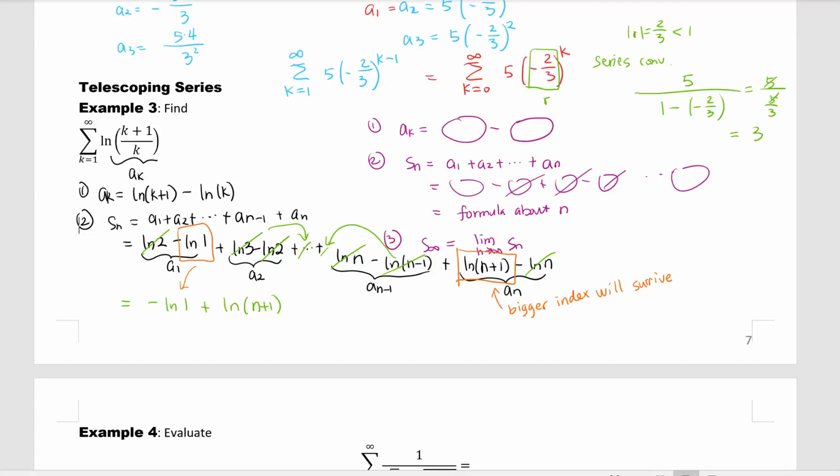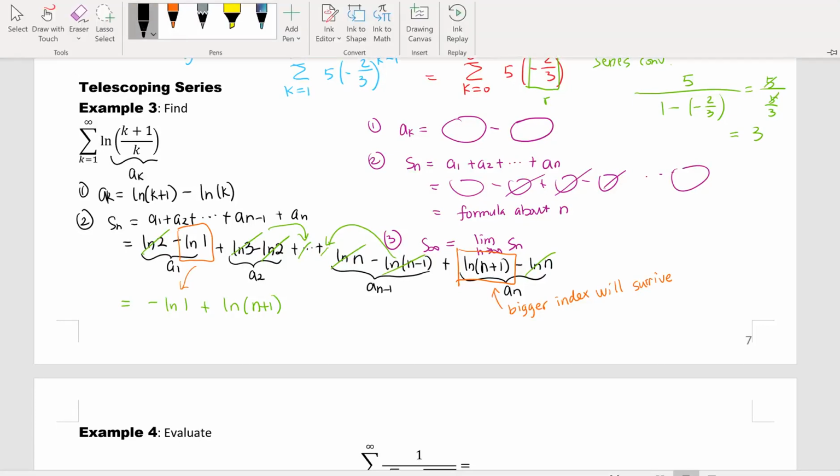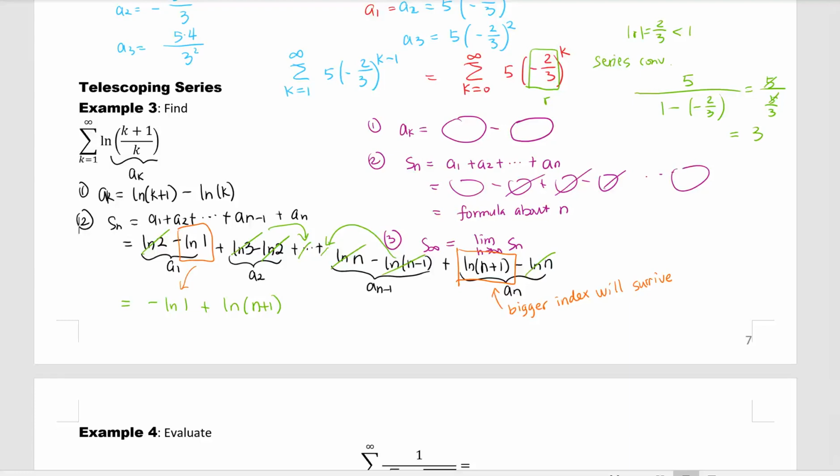All right. So this is step 2. Step 3. S infinity is the, oh, by the way, ln of 1 is just 0. So this is ln of n plus 1. And when n goes to infinity, ln of n plus 1, well, remember, natural log looks like this.